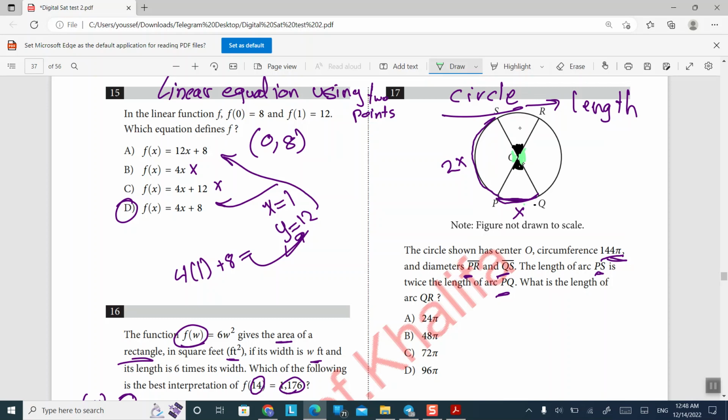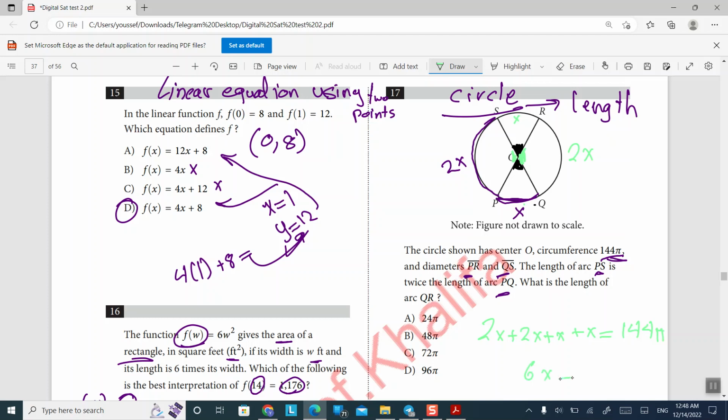Since these angles are congruent to each other, the length of that arc is also x, and this one is 2x. Okay, so we can directly add these values to each other and equalize them to the circumference and find out the value of x.